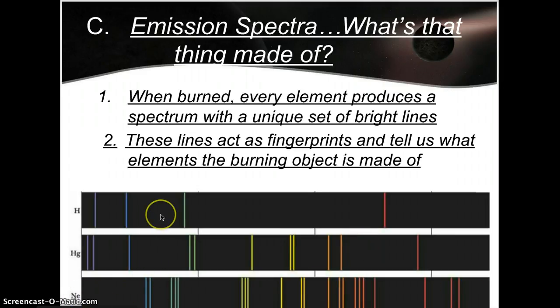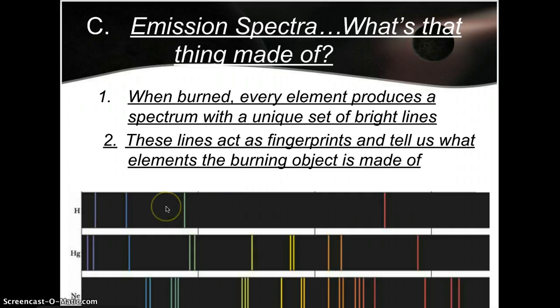So each element on the periodic table, when it's burned, is going to produce a different type of spectra. This is helpful for scientists when they're trying to learn what something is made up of. Is it made up of hydrogen, or oxygen, or something like that? These spectral lines tell them which elements it's made up of, because each of them has their own.